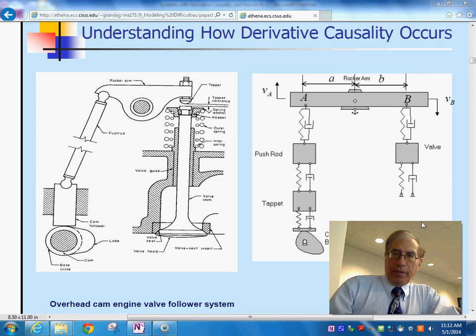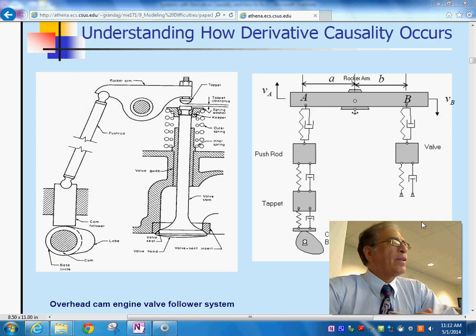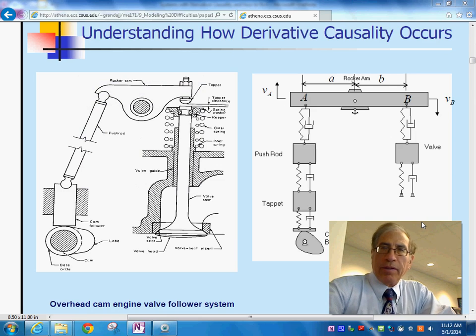Today we're going to see this system that you see on the screen, and we are going to understand how derivative causality occurs, what can we do to fix it, and how can we understand what in real life it means. What does it mean on a physical system to have derivative causality?